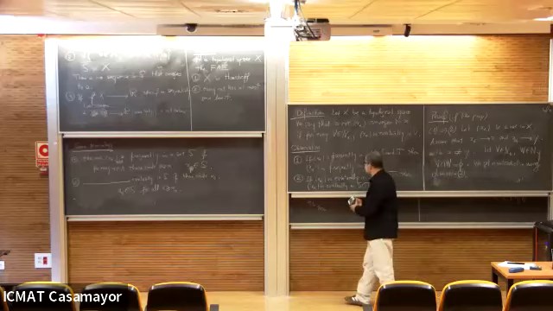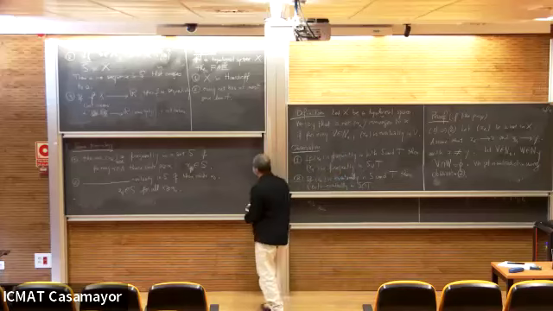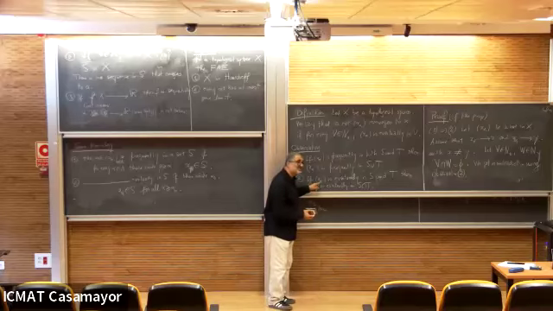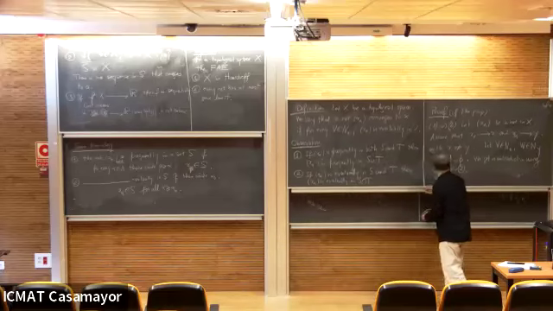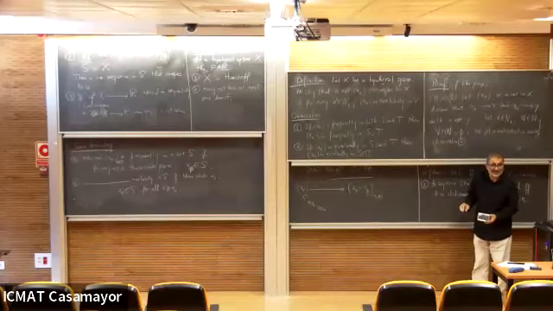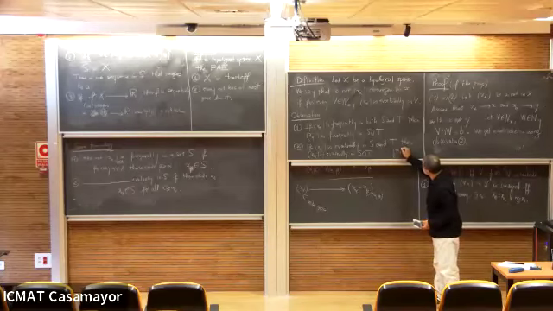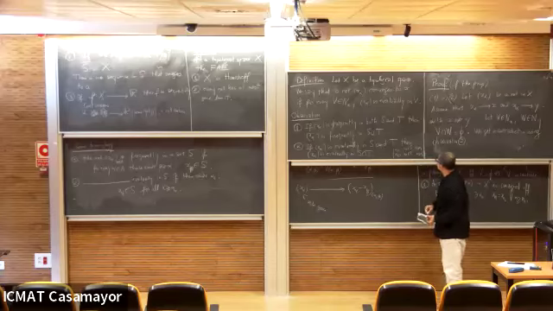Just for observation 2, I can quickly say why we have this, because there exists some alpha 1 such that, just to use the fact that the set is directed. So there is some alpha 1 such that X alpha belongs to S if alpha is more or equal than alpha 1, and there is alpha 2 such that X alpha belongs to T for alpha more or equal than alpha 2.